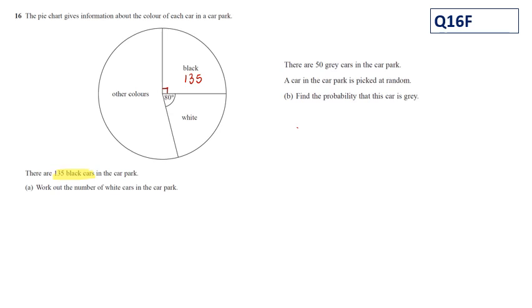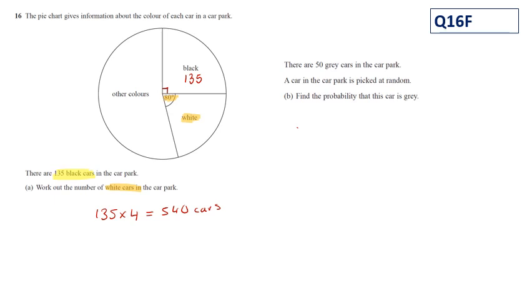So the total number of cars in this car park would be 135 times 4, and that is 540 cars. Now I know the number of white cars in this car park is represented by this sector, and this sector has a proportion of 80 degrees out of the full 360.